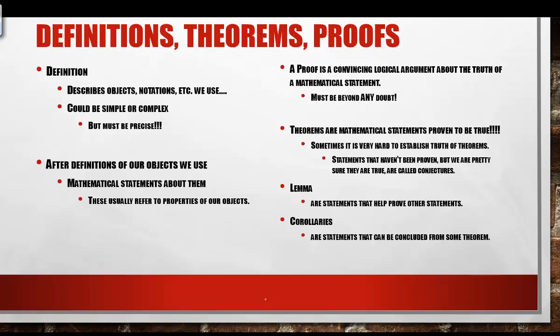Or it could be a complex definition, such as a definition of security in a cryptographic system. And later on, one of the first things that we get into is defining automata, especially a finite automata. And so you'll see how we can lay out definitions that are precise.